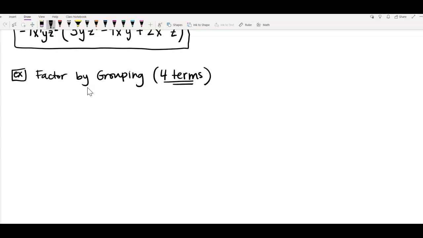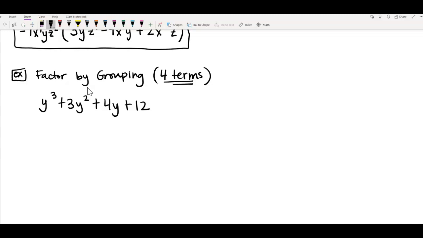All right, so here is the polynomial. If I have y to the third plus 3y squared plus 4y plus 12, I have 4 terms here.